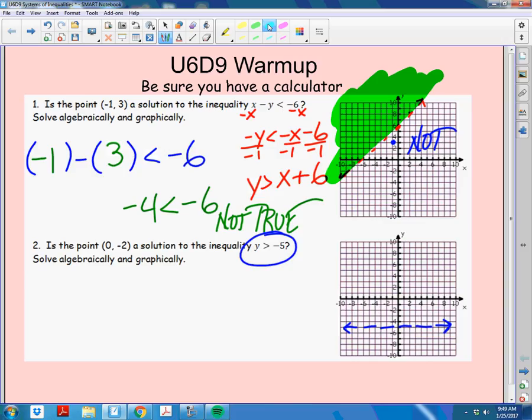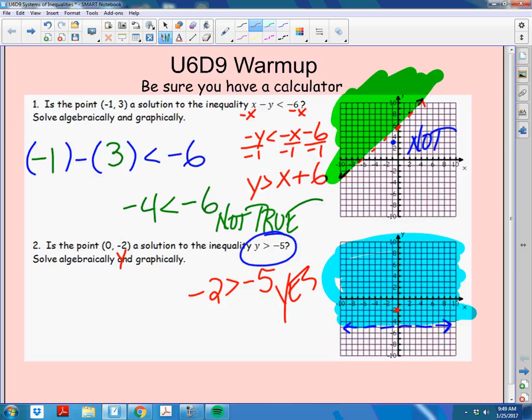You've got to think about where the numbers are that are greater than -5, and they are all up here. All of these numbers are greater than -5 from a y standpoint. So then we graph our point (0, -2). Is it part of the solution? It obviously is. When we plug it in, what's the only one we plug in? The y value, which is -2, and -2 is indeed greater than -5. So it is. Any questions on all that fun stuff?